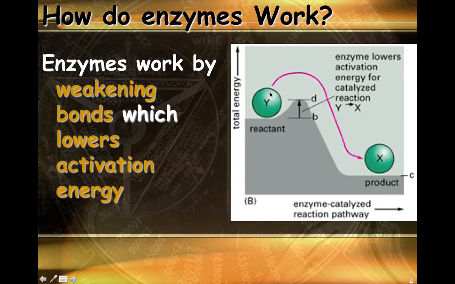There's always some input of energy that is needed. What enzymes do is they lower this energy. Before it might have been up here, but now with the enzyme you only need a little bit of energy, which is a great thing for living things. Living things hate to waste energy. So anytime we can save energy, it's a great thing.